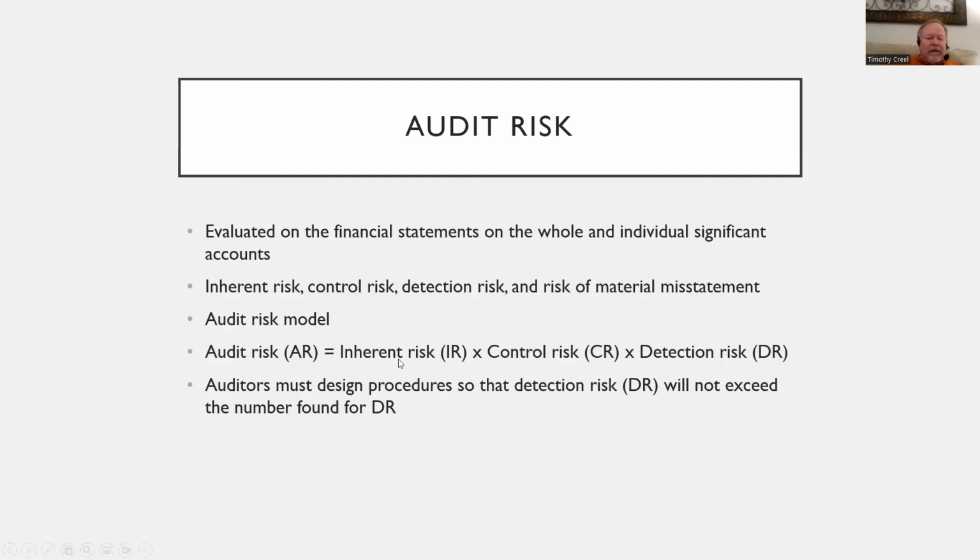If there were heavy inherent risk, and the company did not have good controls, there'd be high control risk. Then you would have to design a very effective, very comprehensive and full audit to overcome that, if that makes sense. I hope that makes sense.